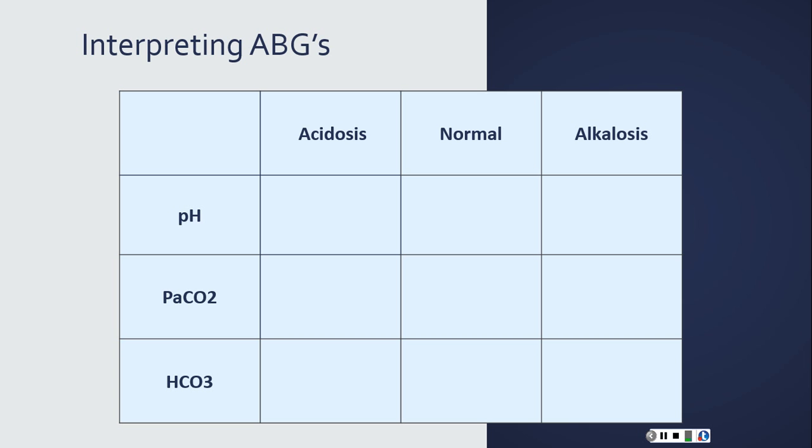Now, let's go piece by piece. Are we normal, acidic, or alkalinic? All right. So if it helps, do normal alkalinic. That's fine. Y'all are anticipating, right? So it's normal. That's the key, though. 7.45 is normal, but it's normal on the alkalinic side. Okay?